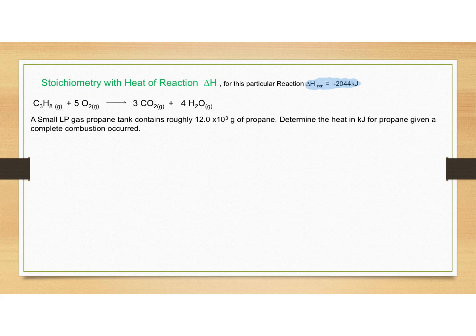If we have a small LP gas propane tank that contains roughly 12 times 10 to the 3 grams of propane, determine the heat in kilojoules for propane given a complete combustion occurred. Okay, now we're using stoichiometry with this particular reaction. So what I want you to do is, what are the numbers out in front?